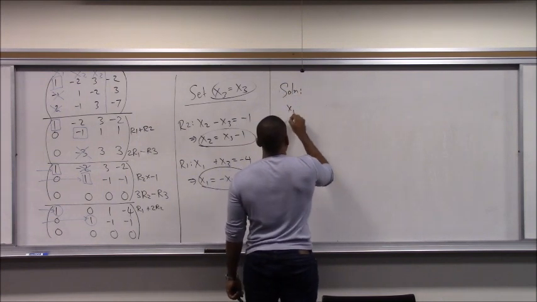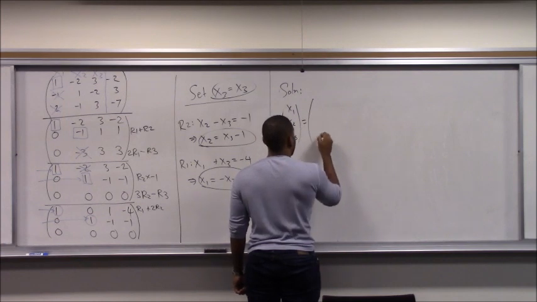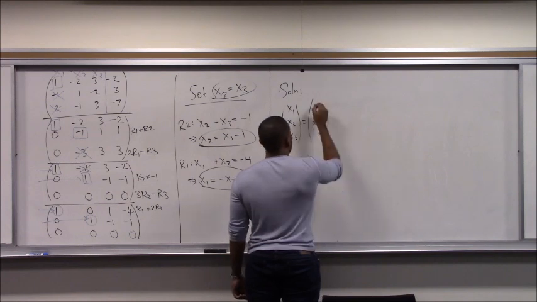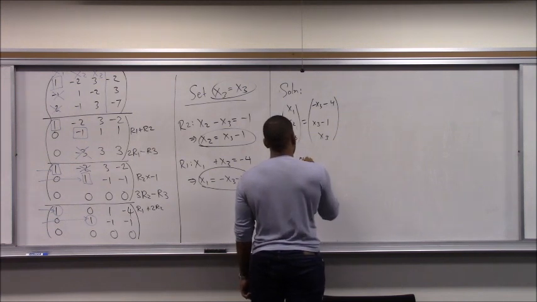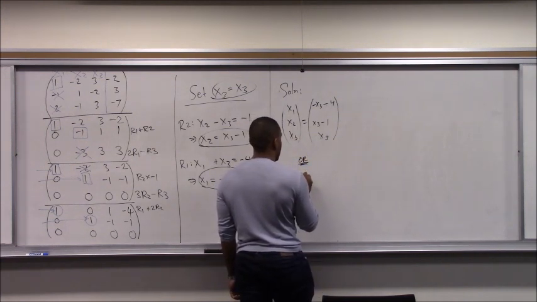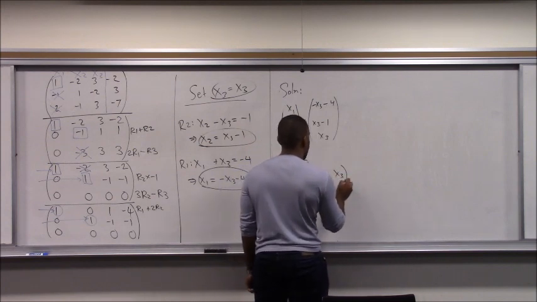The solution is X3 is itself, X2 is X3 minus 1, and X1 is minus X3 minus 4. Or they can write this horizontally: minus X3 minus 4, X3 minus 1, and X3.